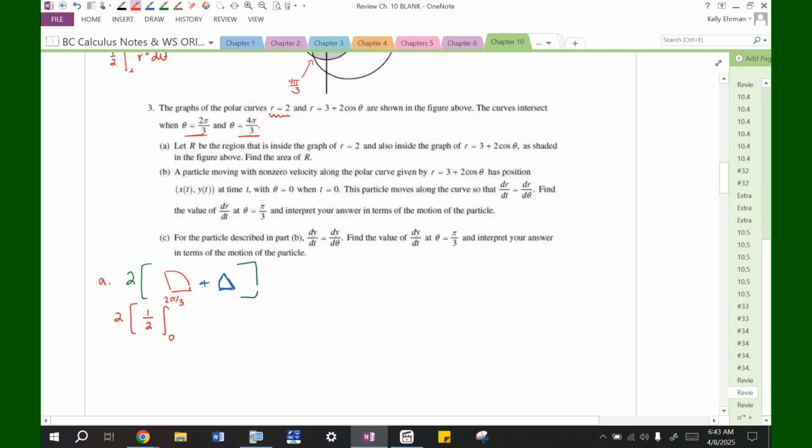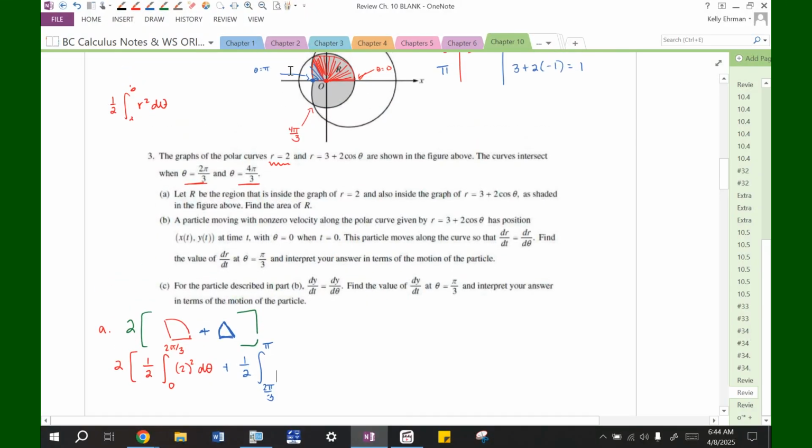And r squared, 2 squared would just be 4. I'll just write 2 squared just so you can see the formula. And then we're adding to that the area, so 1/2 integral from 2 pi over 3 to pi of the other r squared, now that we're on that section. 3 plus 2 cosine theta, that gets squared, d theta.